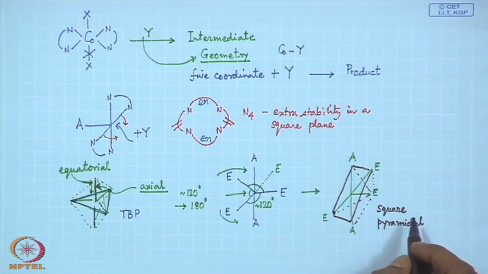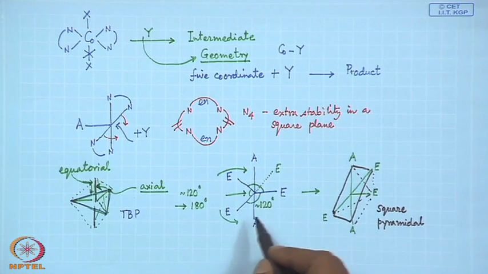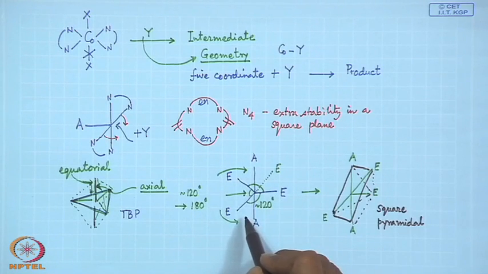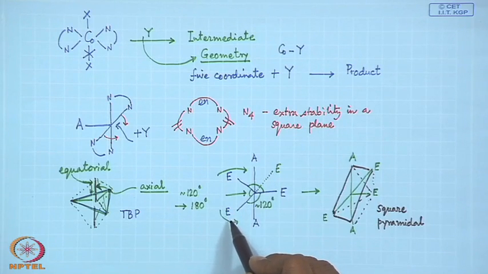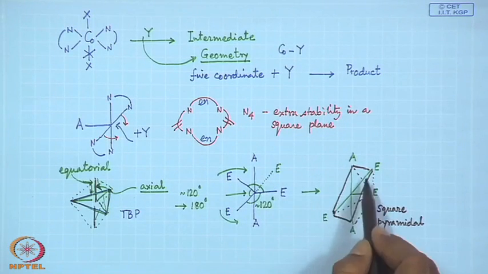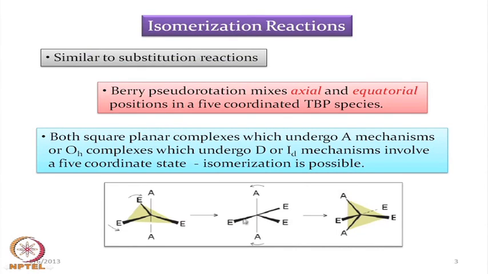So, within these 5 coordinate species, which is also true for typical 5 coordinated compounds, they can have different geometries and they can also undergo some kind of racemization or isomerization reaction due to this movement. So, once this is formed, it can again go for this kind of rotation along the same direction. So, what is happening in the next stage, once these two E groups have been moved, we get this one, where we know the positions of this E, this E, this E and these positions of A and A.